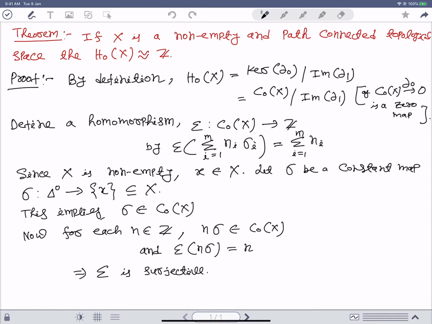Therefore, we can say that epsilon from C0 of X to Z is a surjective homomorphism. Now we use one fundamental result. If we have a surjective homomorphism, then we can deduce one isomorphism, right.